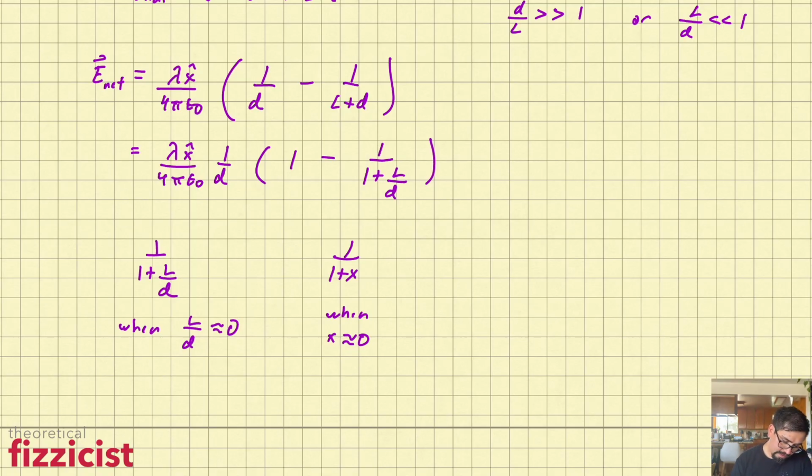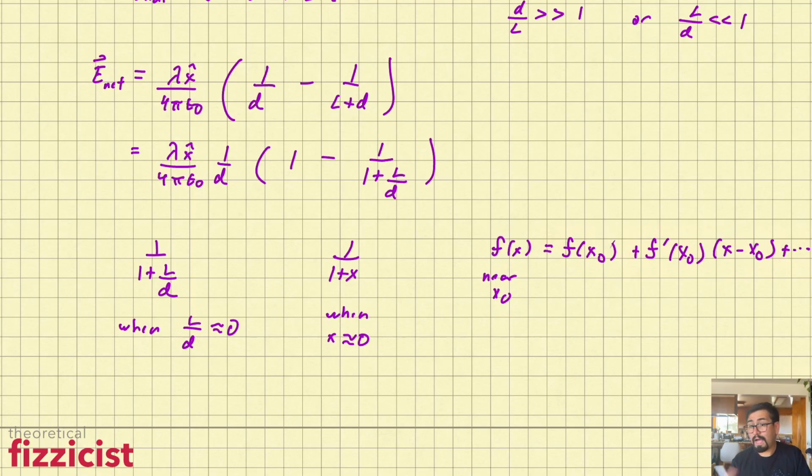So if that's the case, let's remind ourselves of the formula for a Taylor series. We know that f of x near x naught is equal to f at x naught plus f prime at x naught times x minus x naught plus yada, yada, yada, higher order terms.